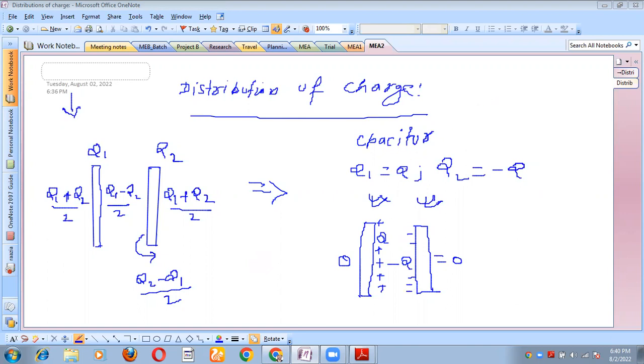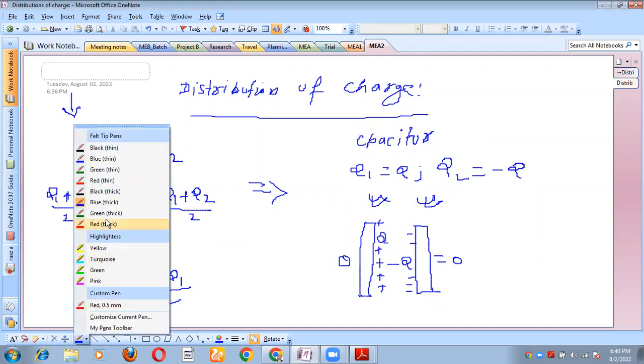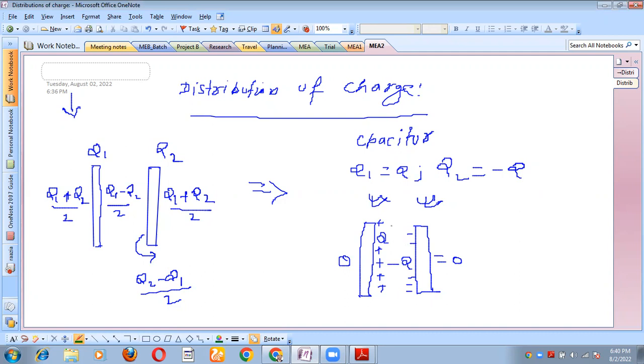Now, when we talk about electric field, what happens to the electric field? Electric field between the plates is from plus to minus, and it is in between the plates. Electric field outside will obviously be zero, so no charge.